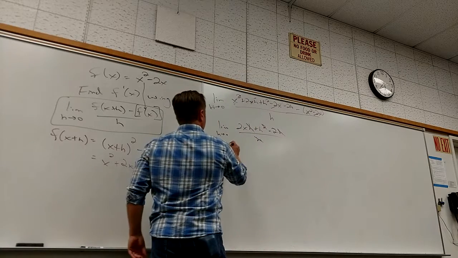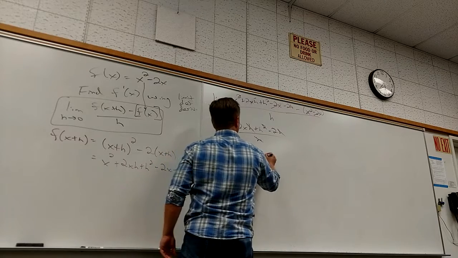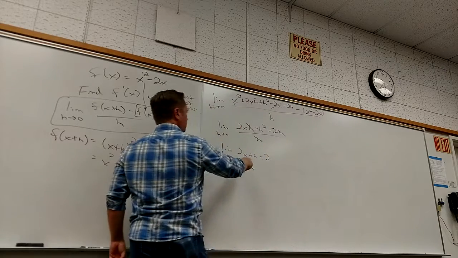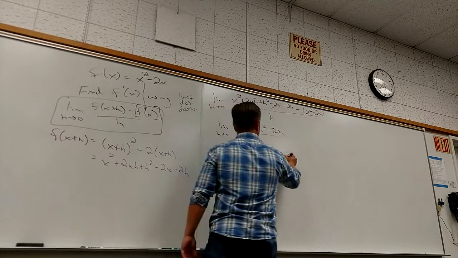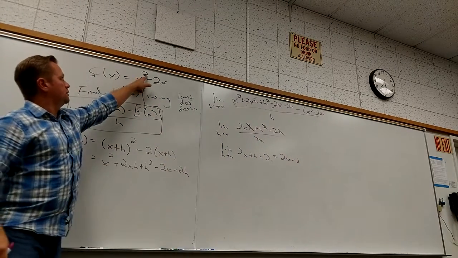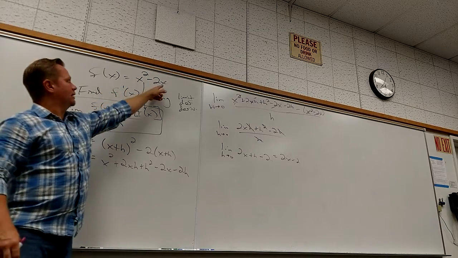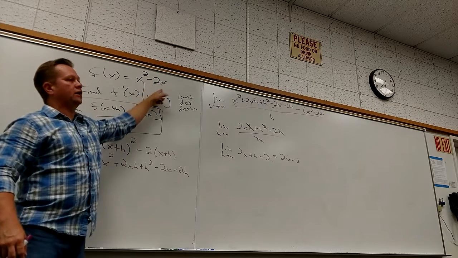So now the limit as h goes to 0. And what do I get here? 2x minus 2. Now some of you know, doesn't it look like that 2 just came down here? And in fact, what's the slope of negative 2x?